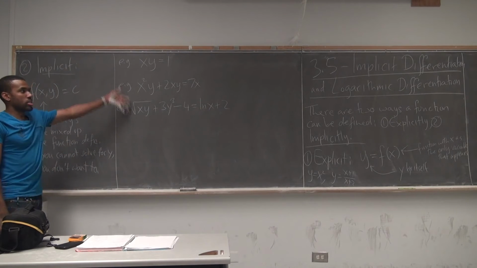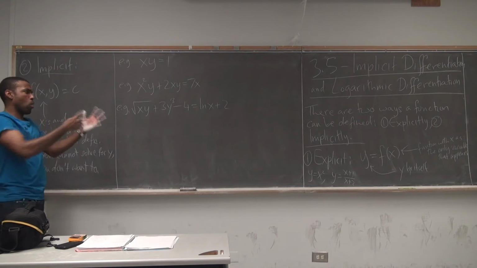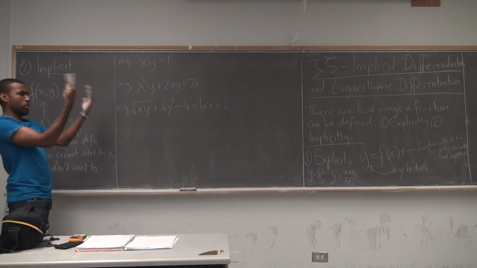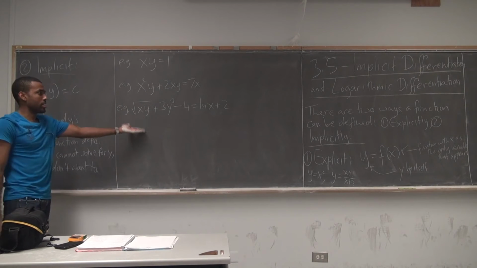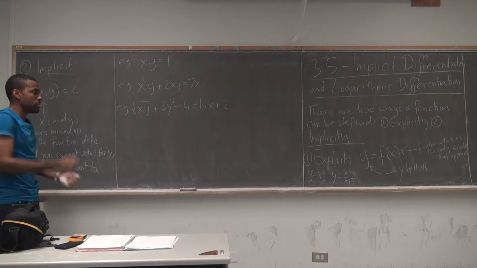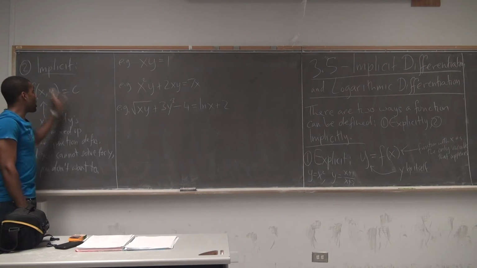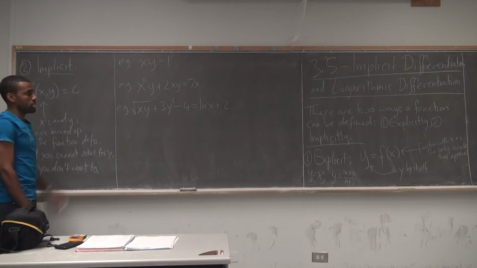So here I'm giving you an expression where the x's and y's are jumbled together. It's not like I have y equals some function of x and I just apply the power rule. No, I can't do that. Here my y is mixed up with the x's. My independent and dependent variables are entangled. Whenever I have something like that, I call it an implicitly defined function.